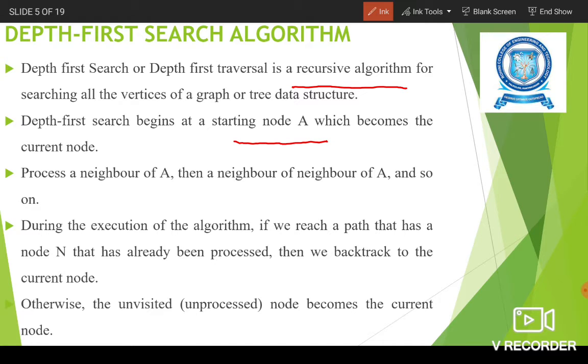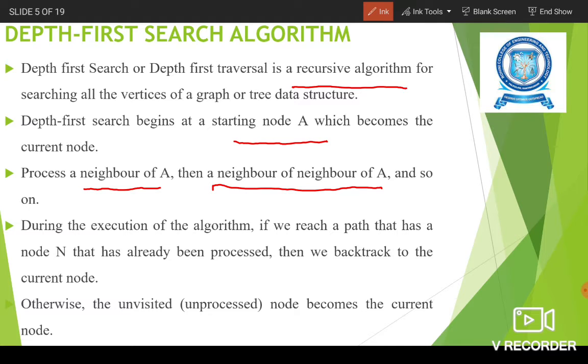Then you have to process the neighbors of A, then a neighbor of A, and so on. Okay, so like that, for each node we are searching for its neighbors in depth wise. That's why it's called as depth first search algorithm.